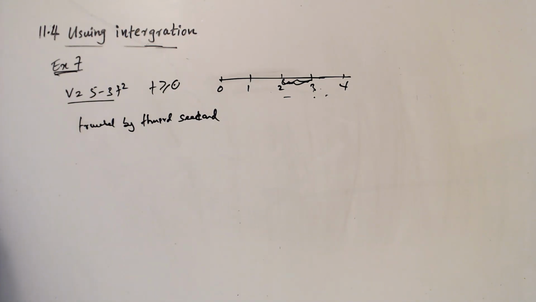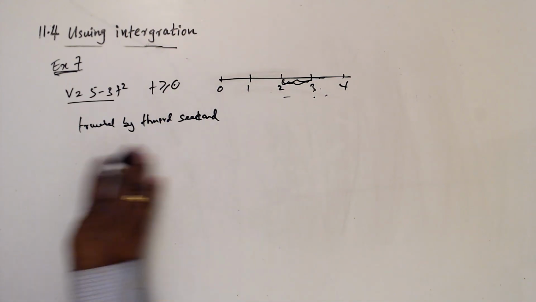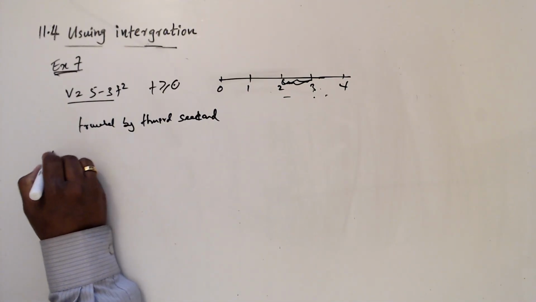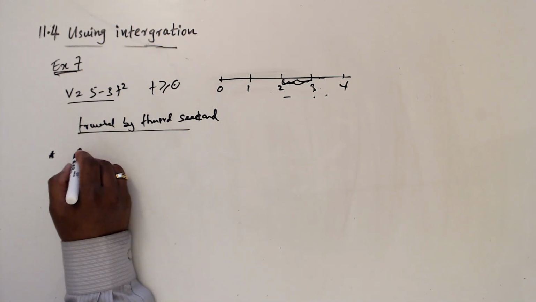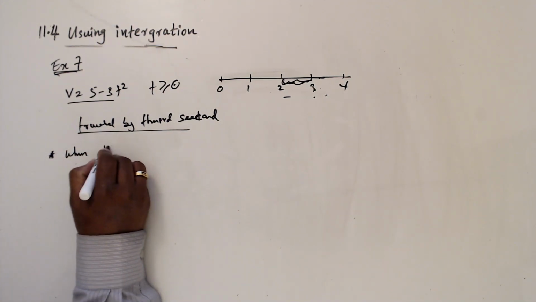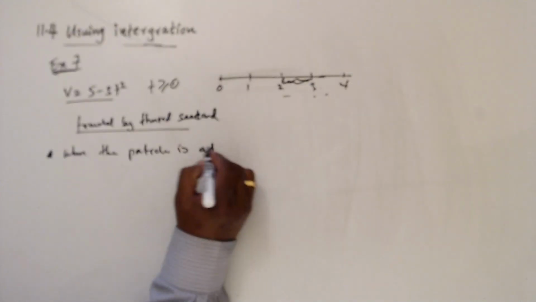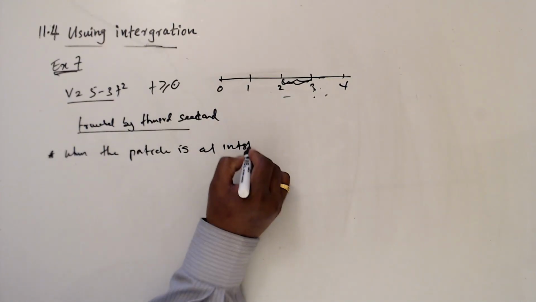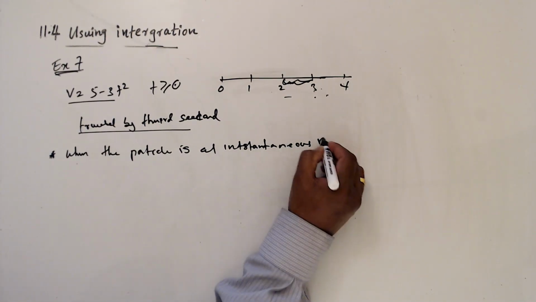If the sum is like this without giving any information, the first thing you need to check is the instantaneous rest, where the particle is at instantaneous rest.